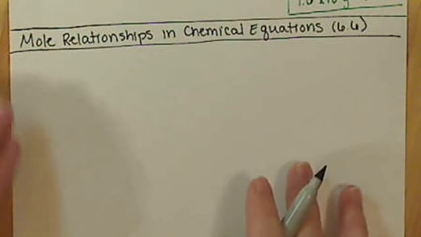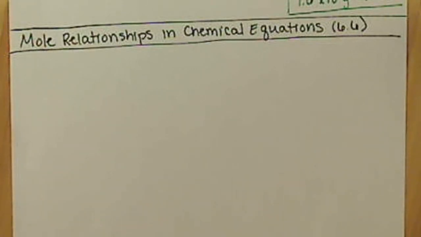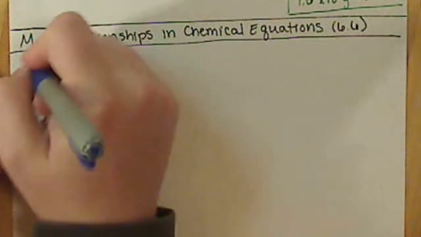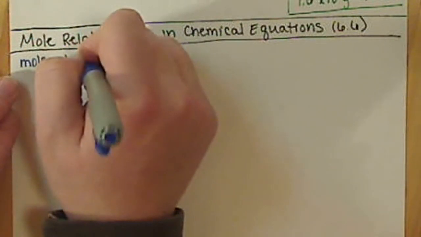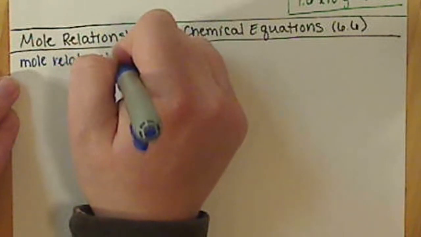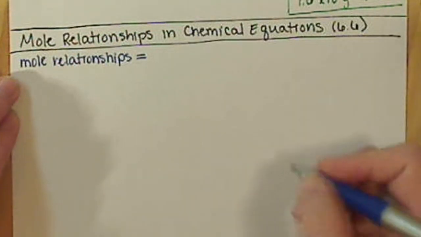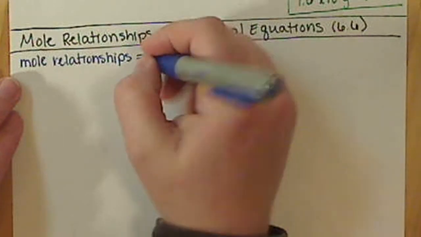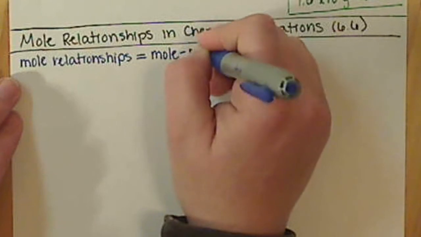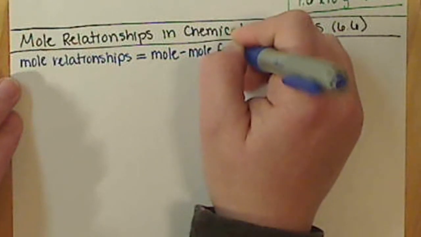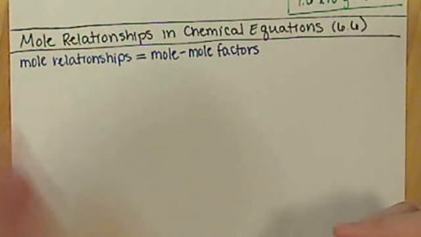So section 6.6. Your book calls these mole relationships, and they refer to them as mole-to-mole factors, or mole-to-mole ratios.